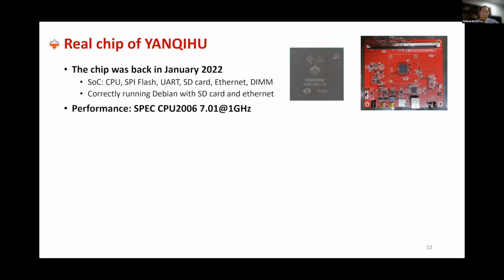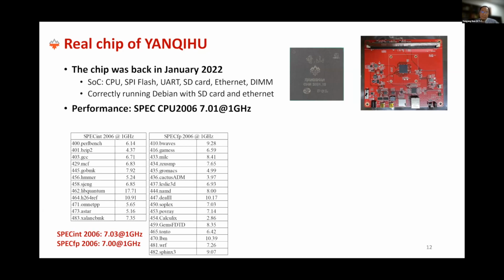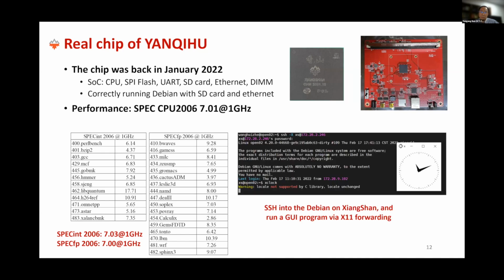The real chip came back this January, and we have integrated the CPU, flash, SD card, Ethernet, and DRAM. Currently, it can run a Debian operating system with SD card and Ethernet. If we use SPEC CPU 2006 as the benchmark, the performance is 7 points at 1 gigahertz. Here is the performance, and here are some applications running on the Xiangshan chip.